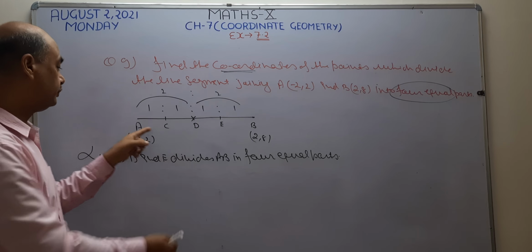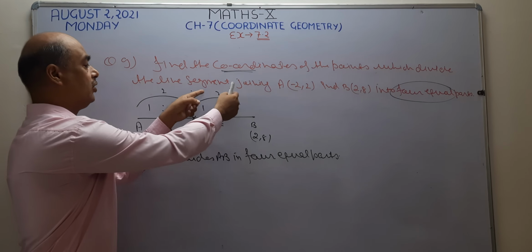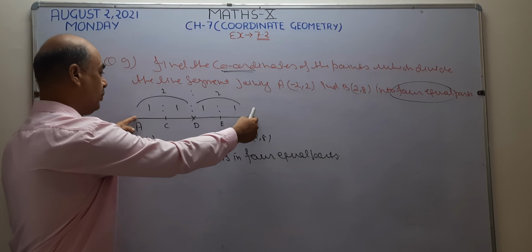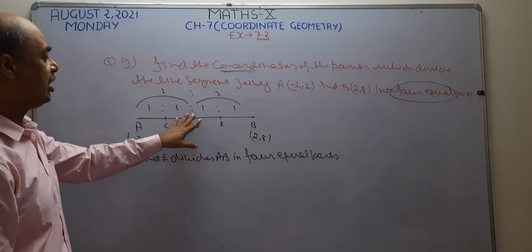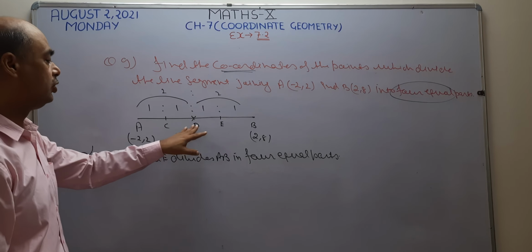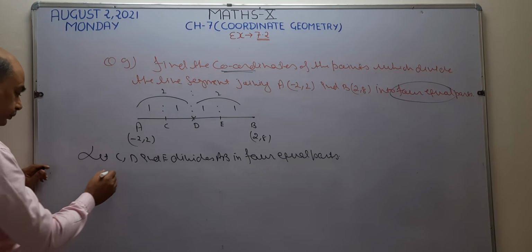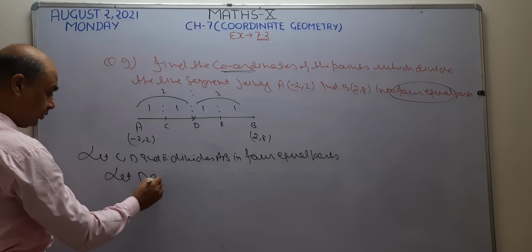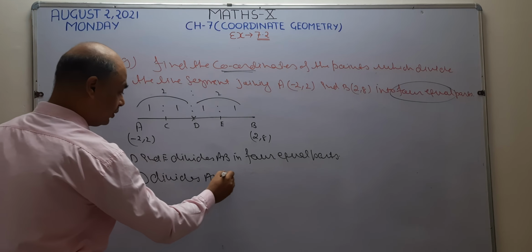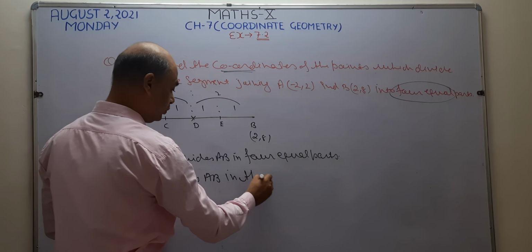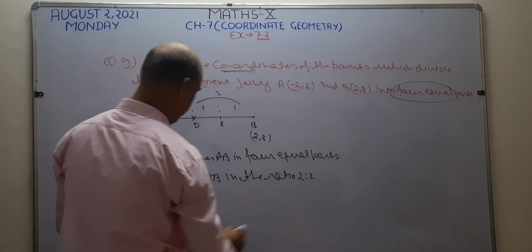But in this case, in the left, how many parts are there? 2. In the right, how many parts are there? 2. So this D is going to divide the complete length AB in the ratio 2:2. Since the ratio is the same, therefore for the coordinates of D I want to use which formula? Midpoint formula. So right here, let D divide AB in the ratio 2:2.